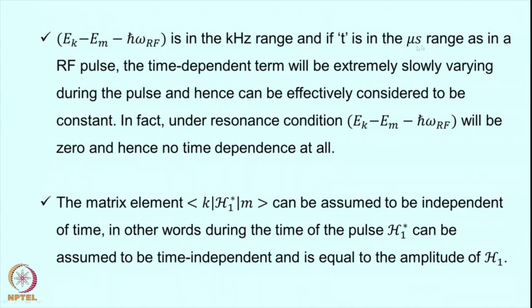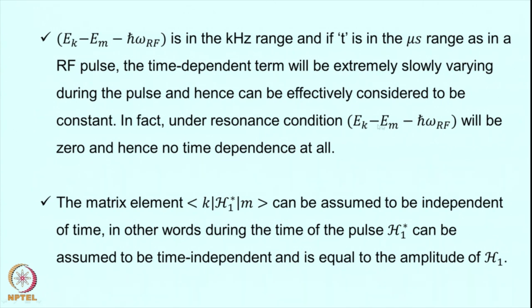And if your time t, the duration of the pulse, is in microseconds, this will be an extremely small number, therefore the time dependent term will be extremely slowly varying during the pulse and can be effectively considered to be constant. In fact, under resonance condition this is ideally identically 0.